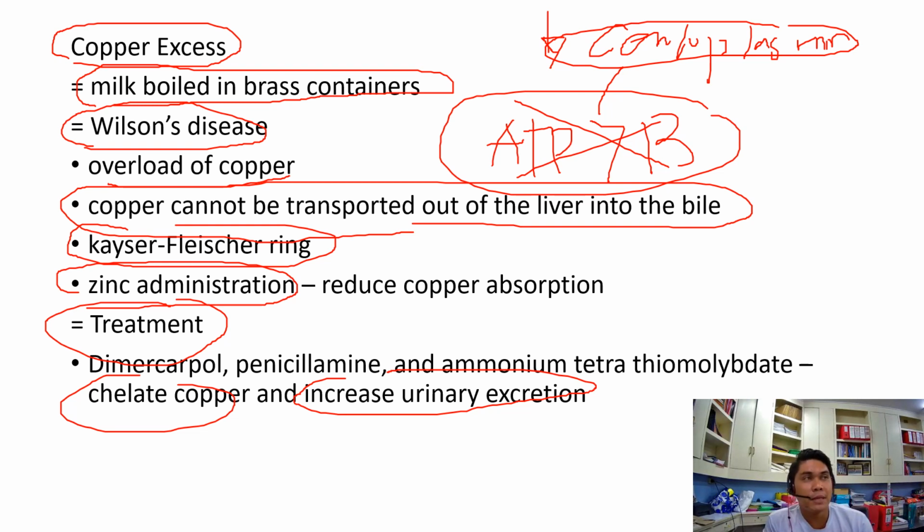Menkes is an ATP7A gene mutation. Copper excess, it is Wilson. Decreased copper, it is Menkes. Decreased ceruloplasmin, both. In Menkes, you have decreased ceruloplasmin due to the decrease in copper. In Wilson's, you have decreased ceruloplasmin due to mutation in the ATP7B gene.